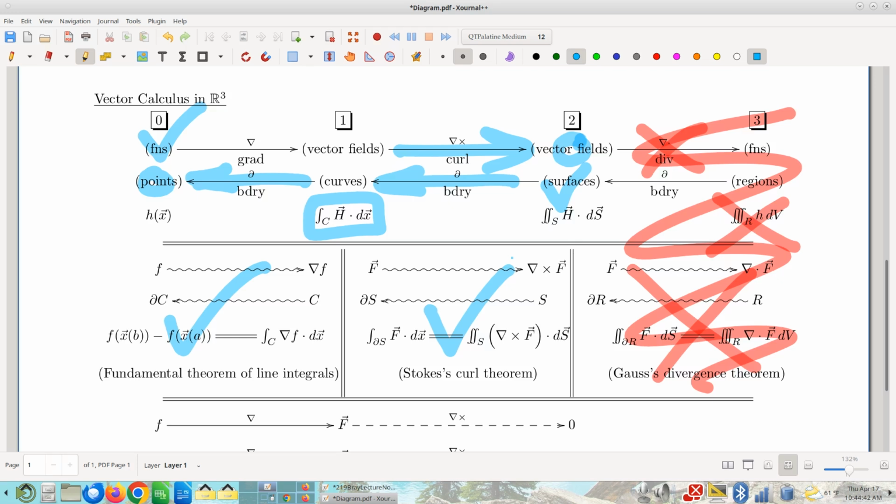And the reason: if both theorems apply, there can't be boundary points. Or said differently, they start and end at the same point, which means you are subtracting whatever f of the starting point is from whatever f of the ending point is, and they have to be the same thing. They are the same point. And so you're subtracting something from itself, and you will get 0.